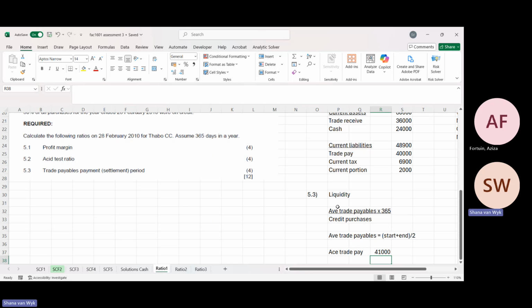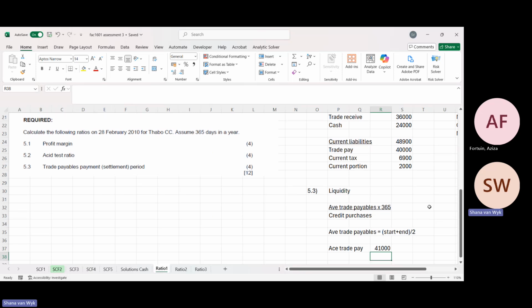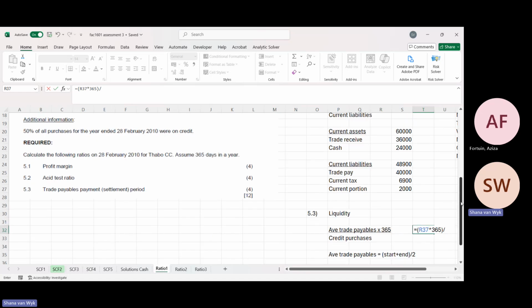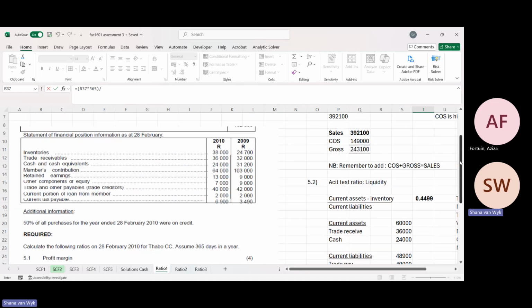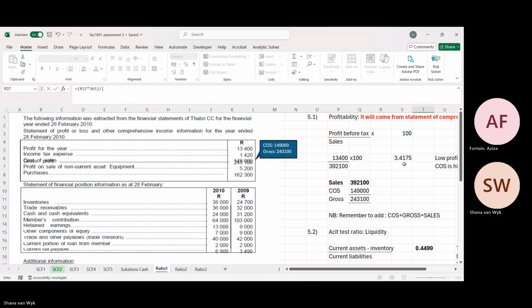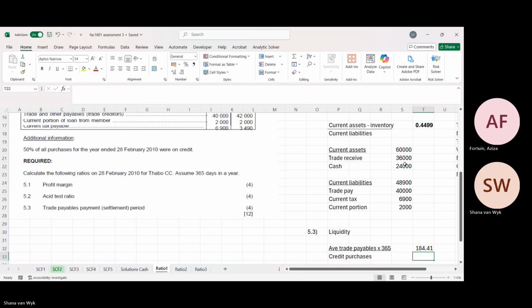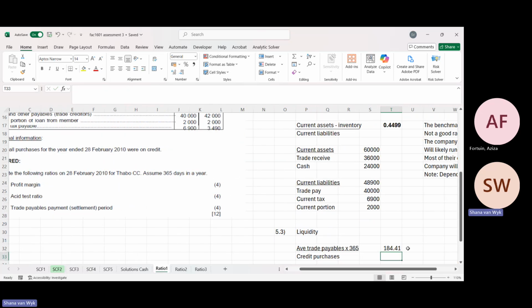Then our formula is this amount times 365 over credit purchases, which they said were 50%. So purchases were 162,300 times 50%. So the period is then 185 days.